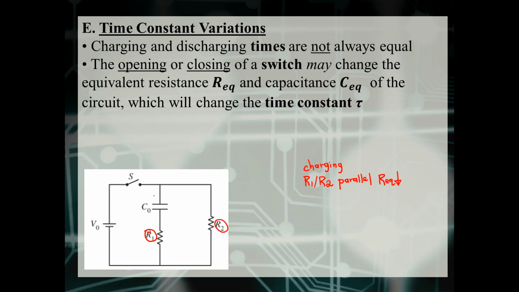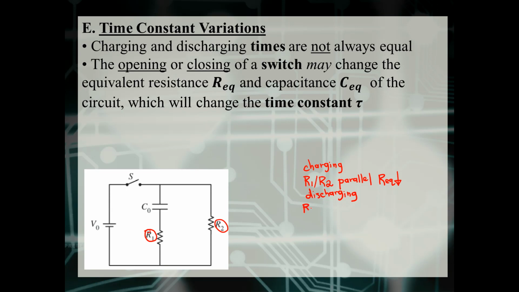Now, when the switch is open, we're just going to have the capacitor discharging through the loop formed between the middle branch and the right-hand side. So in the discharging phase, the battery is now taken out of the circuit, and you would have R1 and R2 along the same branch.